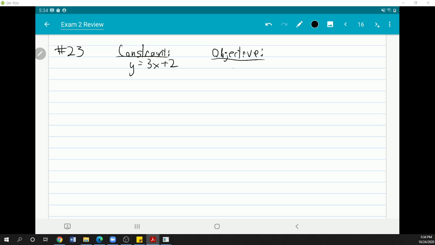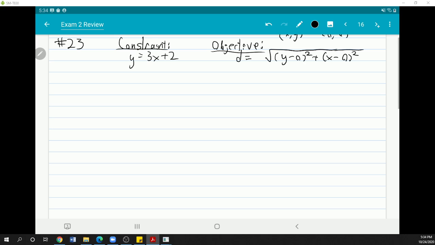Our objective is my distance function, d equals square root of y minus 0 squared plus x minus 0 squared, because that's the distance between any point (x, y) and (0, 0).